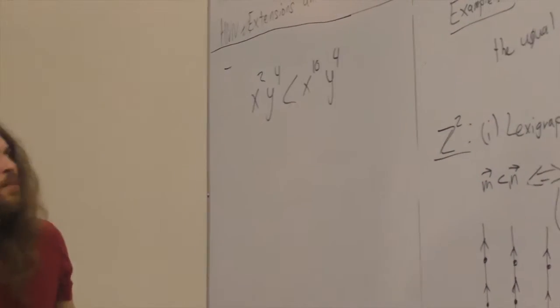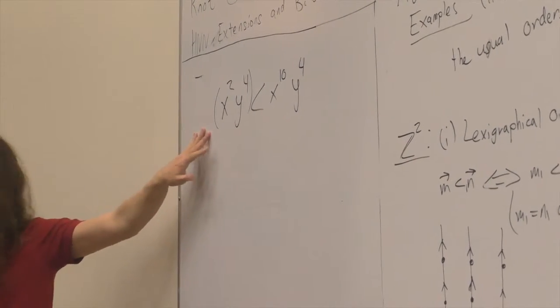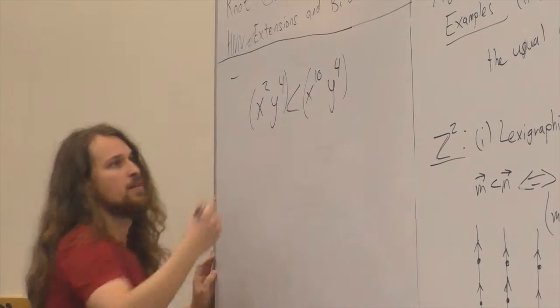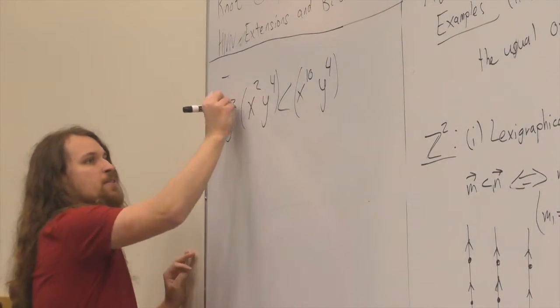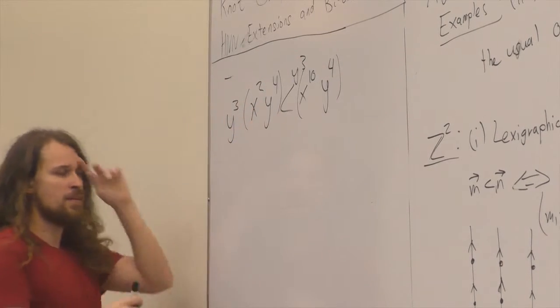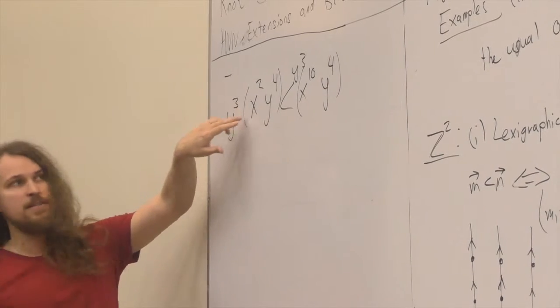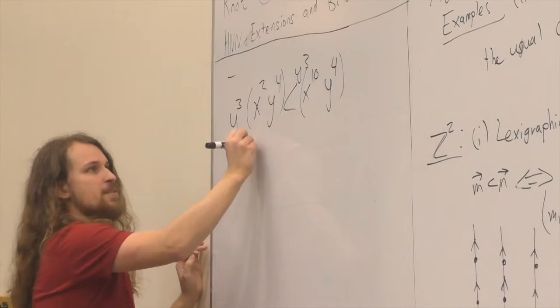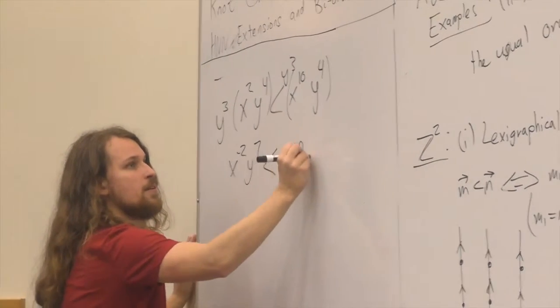So to see how this will preserve the order, I think the interesting case is if we multiply by an odd power of y. Let's multiply both sides by y cubed, for example. So when you do this, and take account of the fact that 3 is odd, we're going to get x to the negative 2 divided 7 is less than x to the negative 10 divided 7.